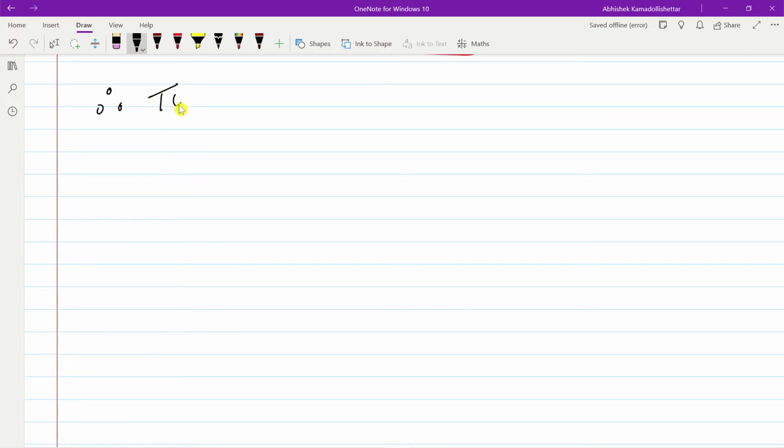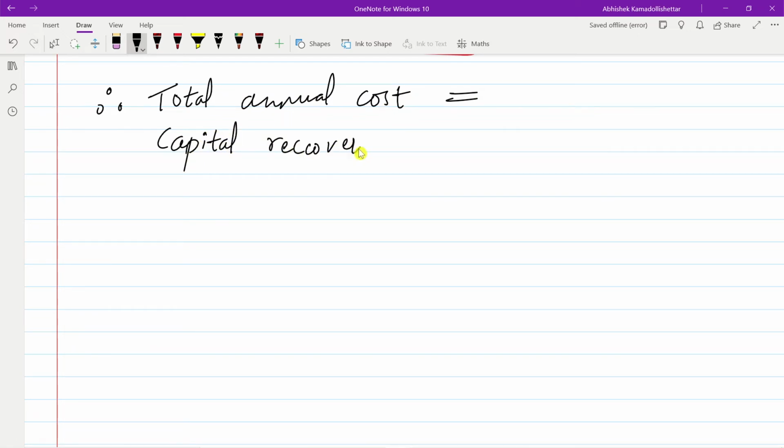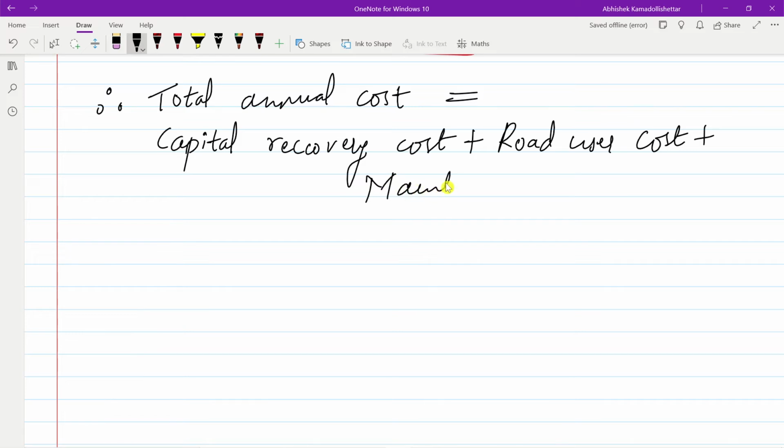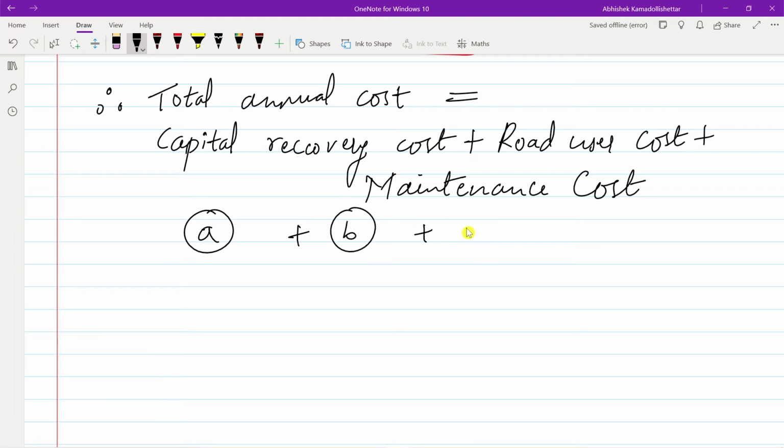Therefore, total annual cost is equal to the capital recovery cost plus road user cost plus maintenance cost. So let's add all the values of A, B and C.